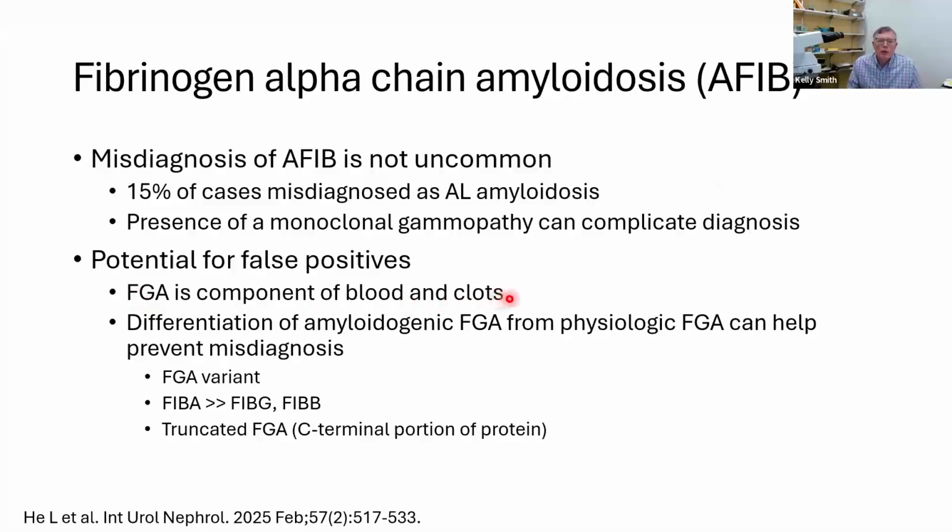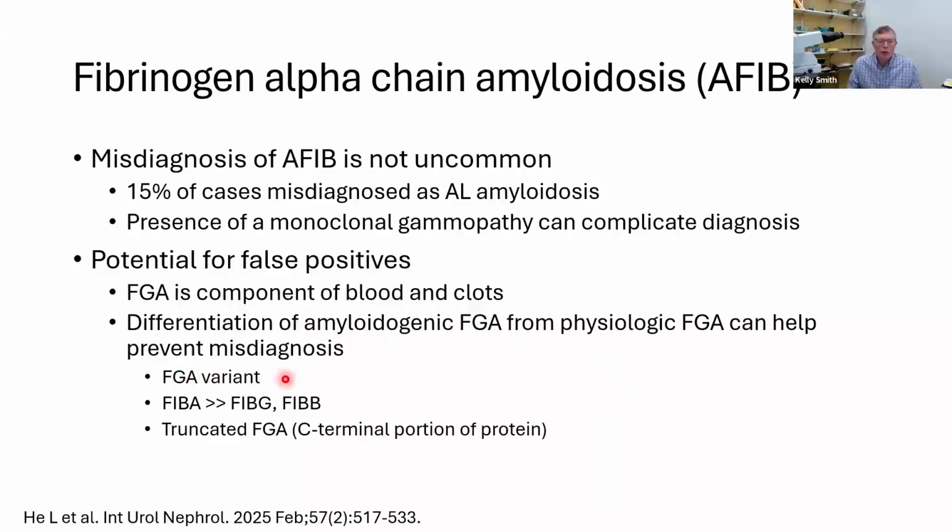So, false negatives, like a misdiagnosis of AL amyloidosis. There can also be false positives. Fibrinogen A is a common serum protein. It's present in blood clots. So it's important to be able to differentiate an amyloidogenic fibrinogen alpha from the normal physiological forms.